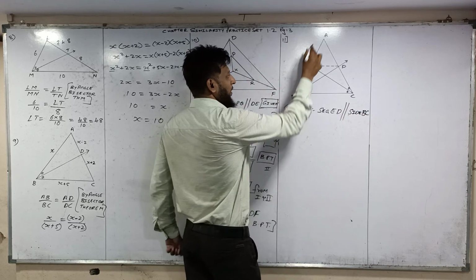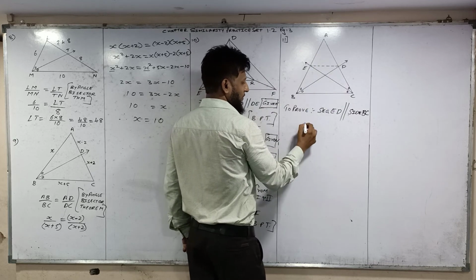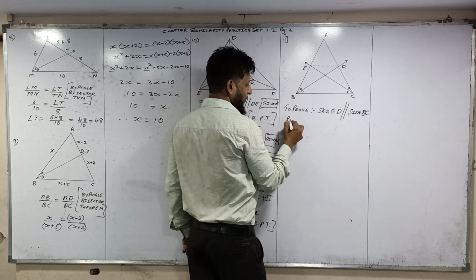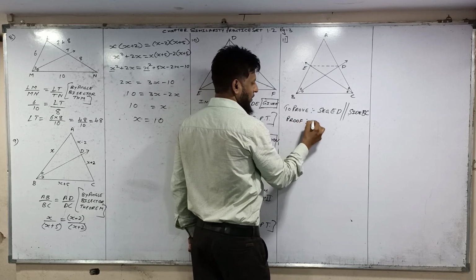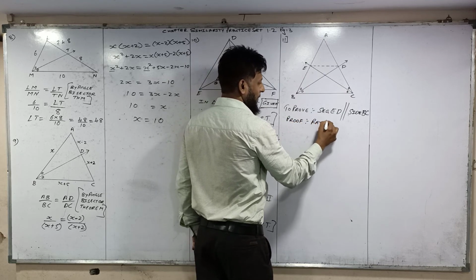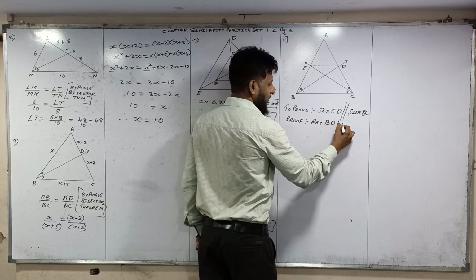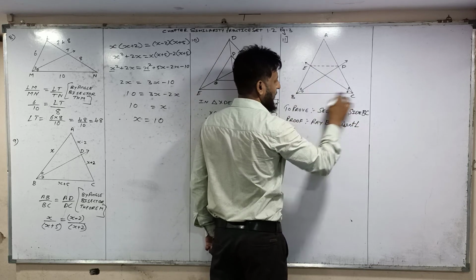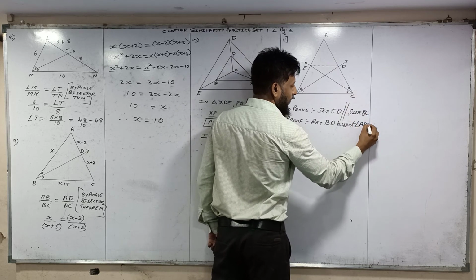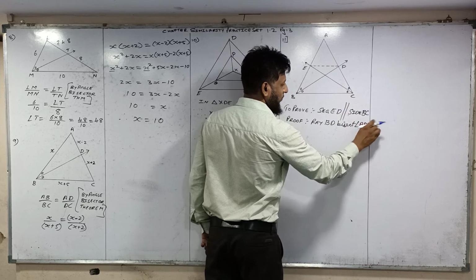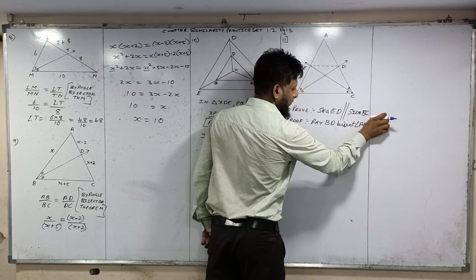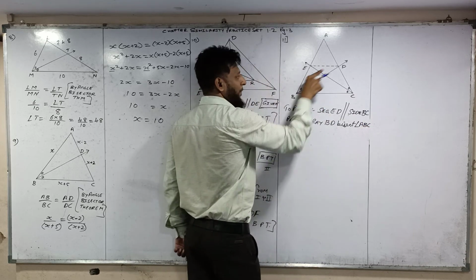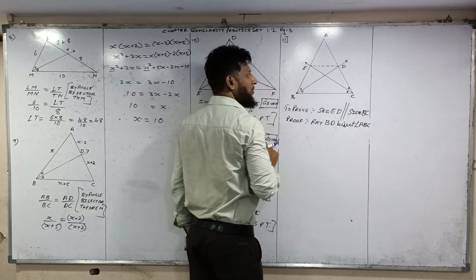So in triangle ABC, ray BD bisects angle ABC.